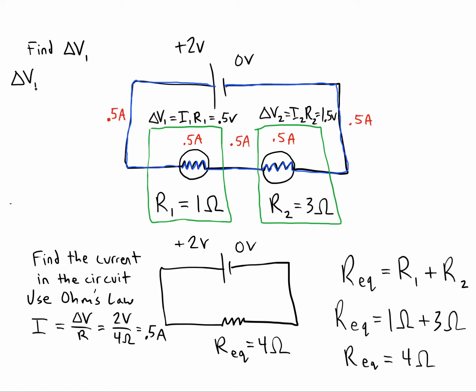So delta V1 was 0.5 volts. Now I want to find the power dissipated in bulb 1. To do that, we need a new formula. The formula is potential difference times current. And we'll do it for bulb 1, and then we can do it for bulb 2 as well, and compare them.